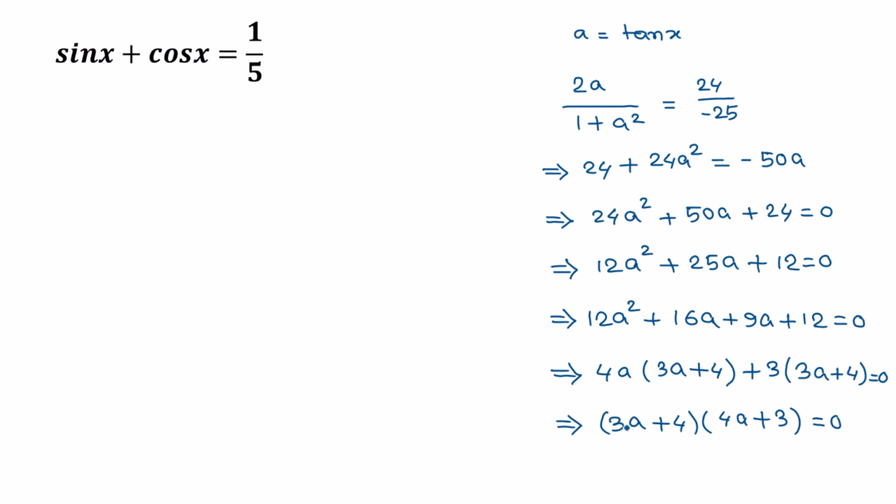So 3a plus 4 is equal to 0, or 4a plus 3 is equal to 0.